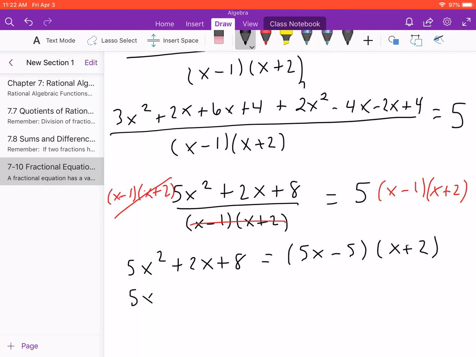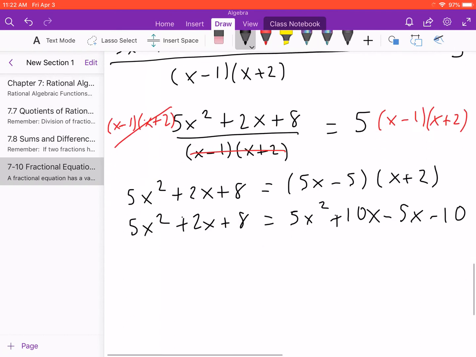On the left, I'm just going to rewrite 5x squared plus 2x plus 8 equals 5x squared plus 10x minus 5x minus 10. At this point, I can begin to combine like terms. Notice there's a positive 5x squared on both sides, so those will cancel.